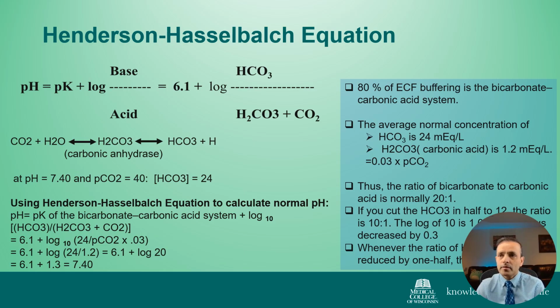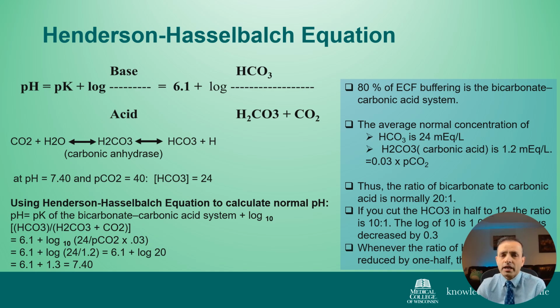Remember, normal bicarbonate is 24, and carbonic acid is 1.2. So the ratio of 20:1 is maintained, and log of 20 is equal to 1.3, which gives a total of 7.4. So that's how we calculate normal pH.